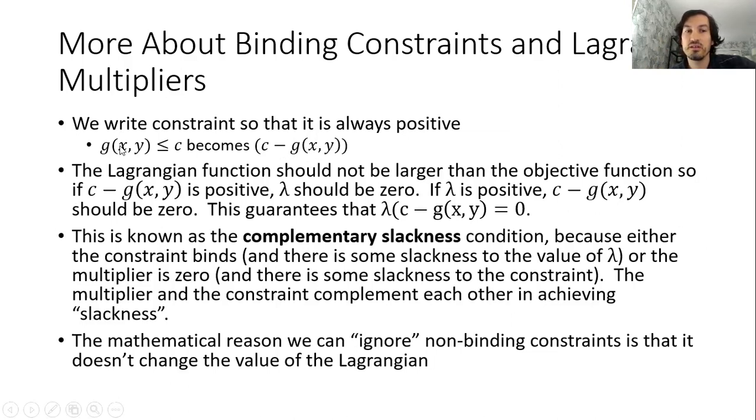You should look at an equation like this: g of x and y is less than or equal to c. You should by now be able to realize that, oh, if it equals c, that means it binds. If it's less than c, that means it doesn't bind. So the complementary slackness condition is saying either the constraint binds or lambda is 0. Okay.